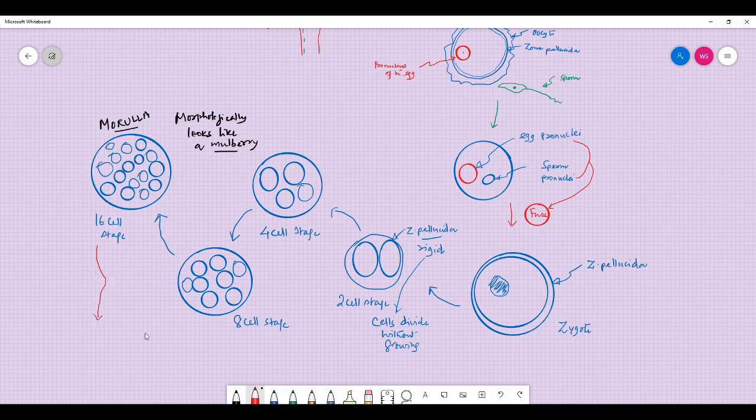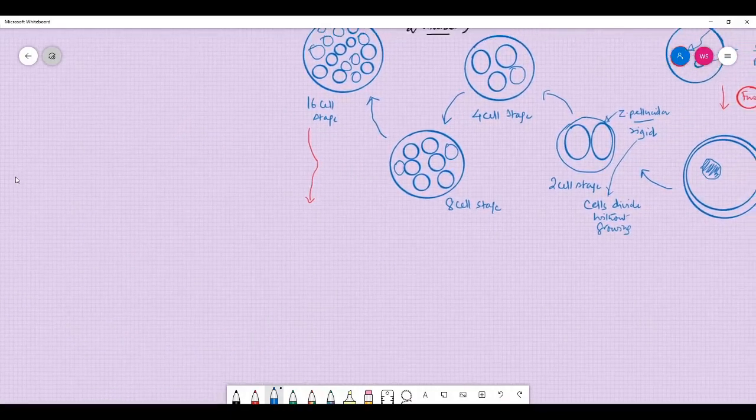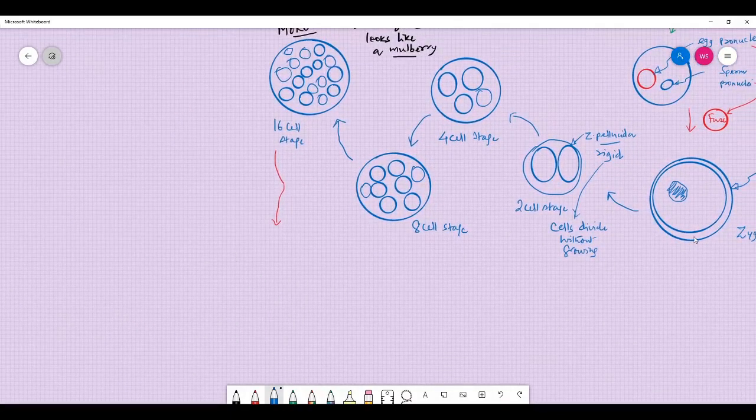From this stage, some changes take place. Some cells migrate to the periphery.